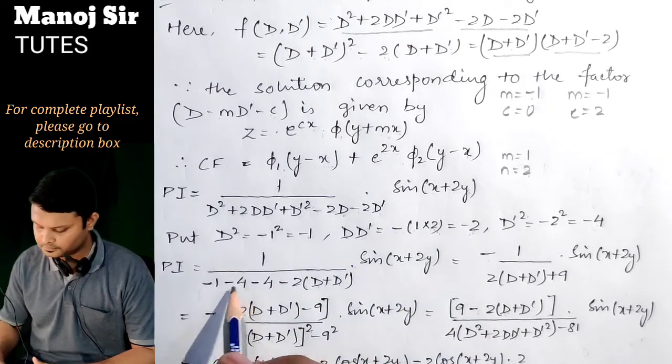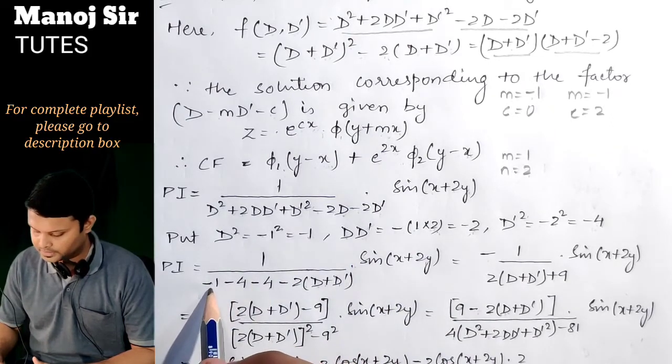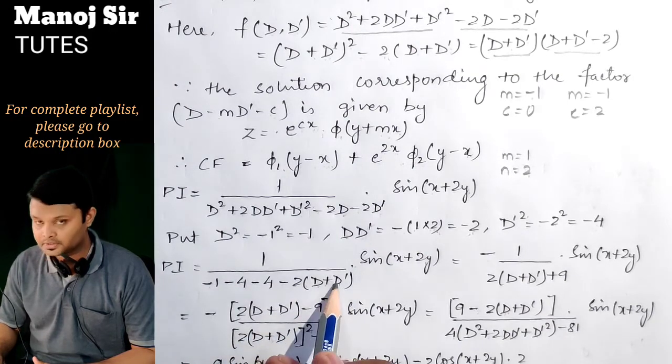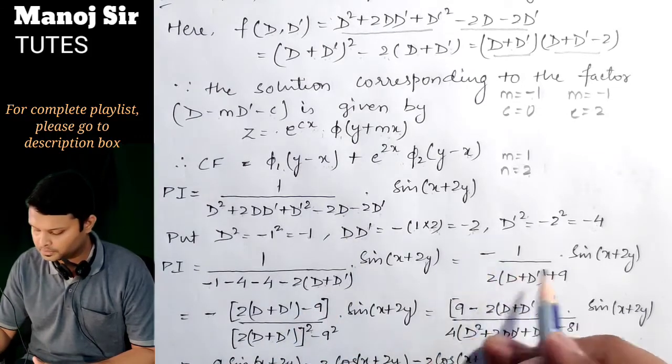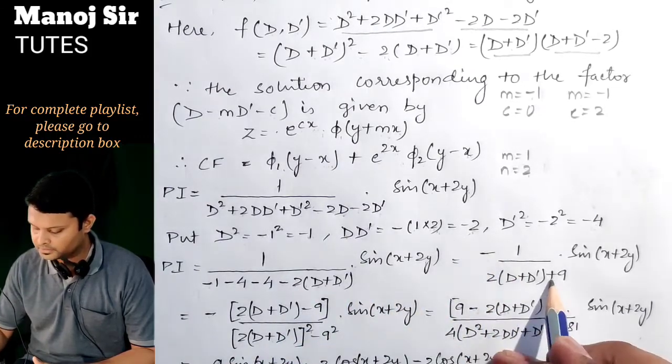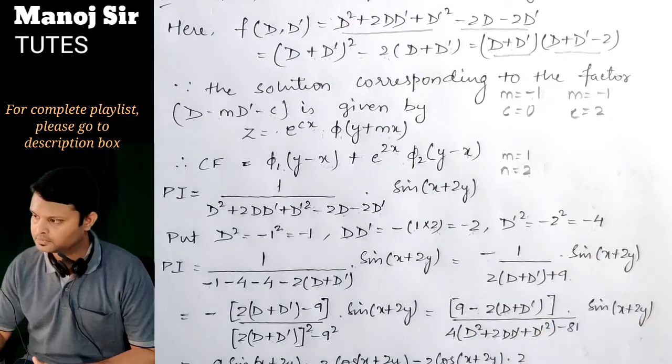Now simply this part you will get as minus 4 minus 4 minus 1, that is minus 9. So minus 9 minus 2 into D plus D dash, we can take the negative common, that is minus 1 upon 2 into D plus D dash plus 9 into sine of x plus 2y.